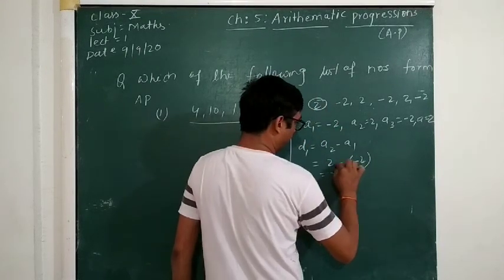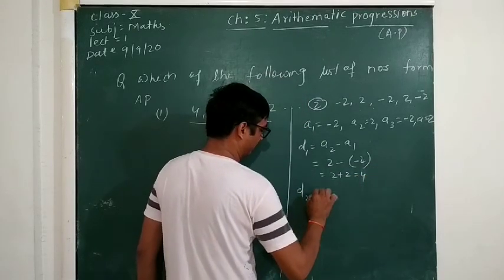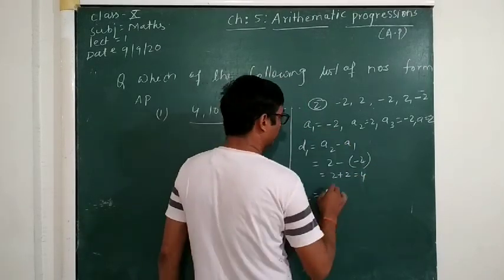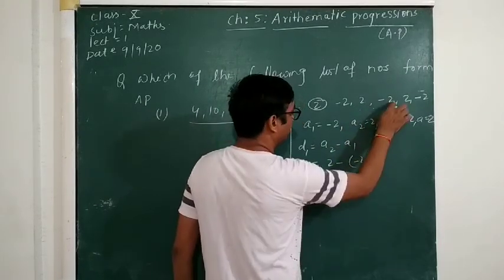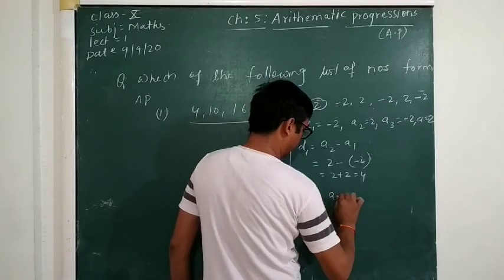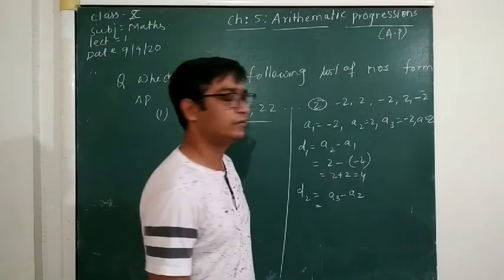So it will be 2 plus 2, it will be 4. In a similar way, d2 is equal to A3 minus A2. You can take any of the terms, right?